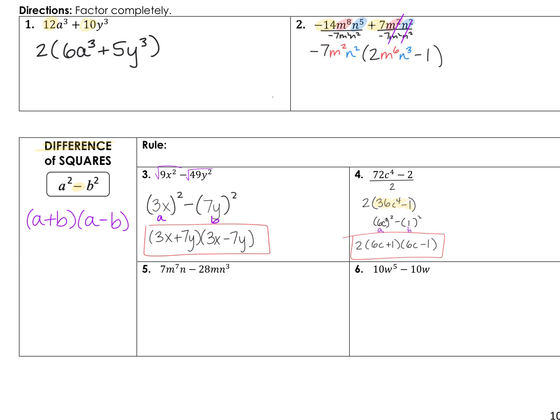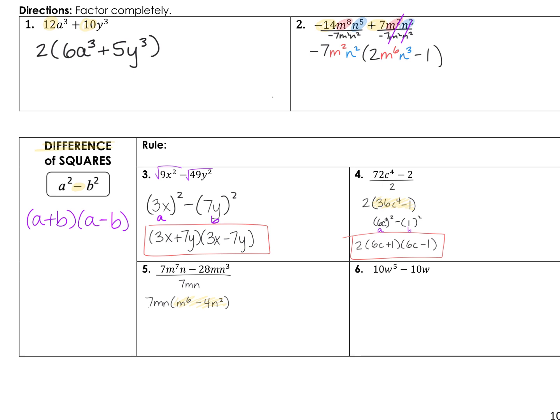Okay, look at number 5 for me. Again, you have to check for a GCF first, because if it doesn't look like difference of squares, actually it might be. This one has a GCF of 7mn. If you divide that out, you get this: 1m to the 6th minus 4n squared. This is now difference of squares. These are both perfect squares inside the parentheses.